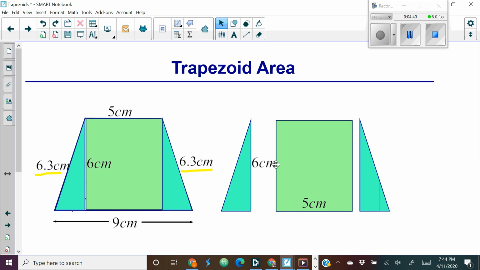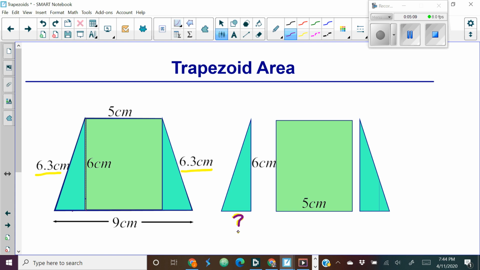And the left triangle and the right triangle are the same. So once I find the area of the left triangle, I'll know the area of the right triangle. But similar to the last problem, I don't know this value. So I have to go back to the original problem.